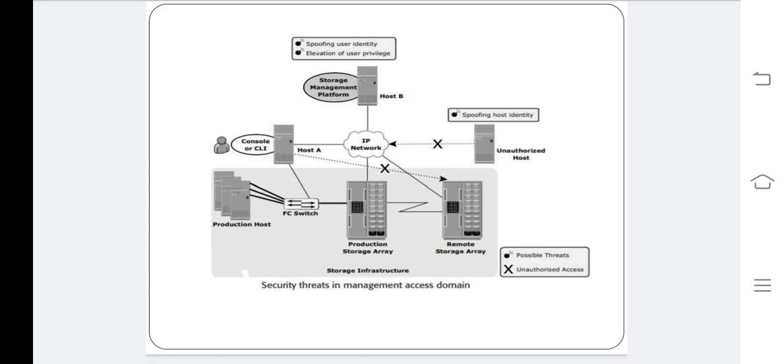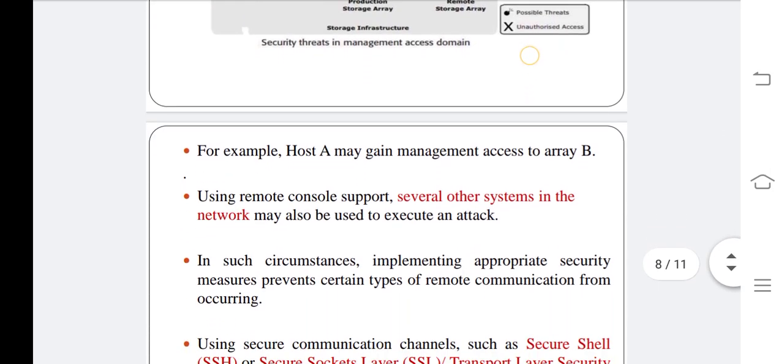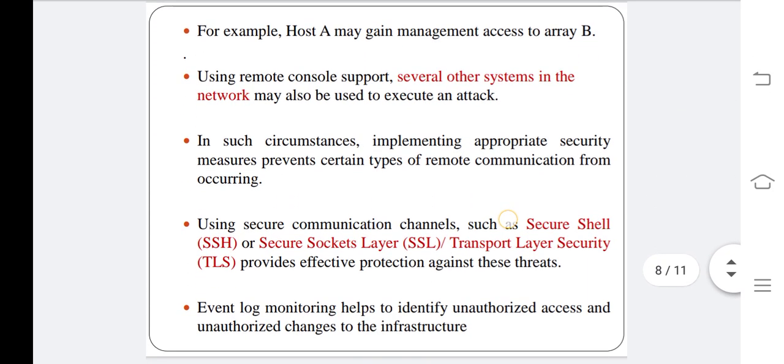Some of the possible threats in this system are unauthorized hosts that may spoof the user or host identity. For example, host A may gain management access to array B. Remote console support for the management software also increases the attack surface.